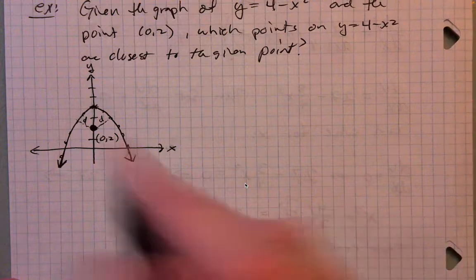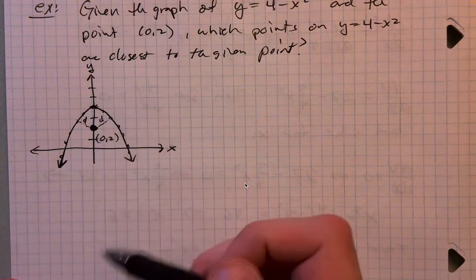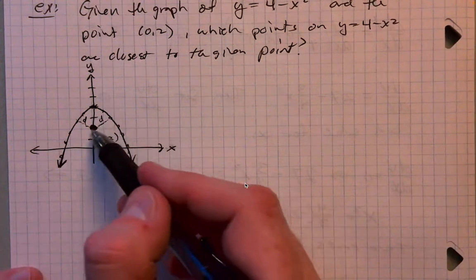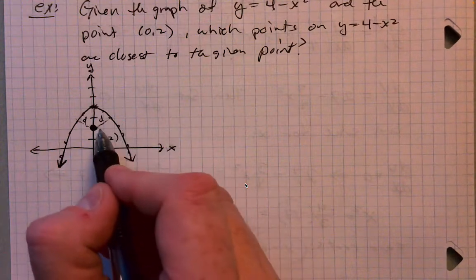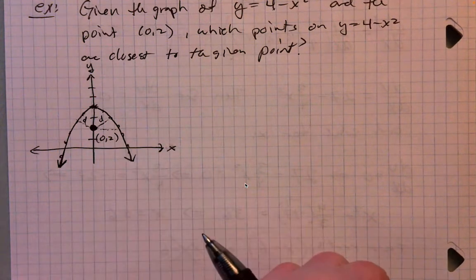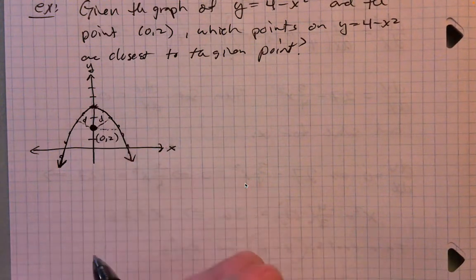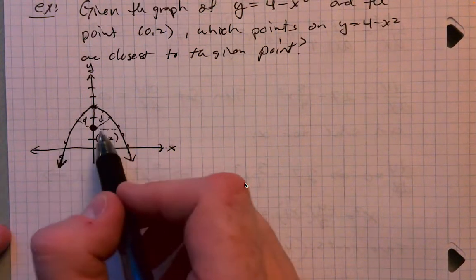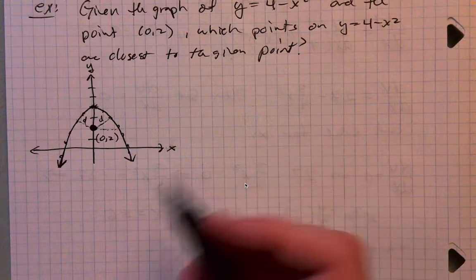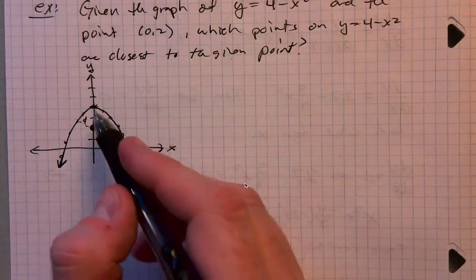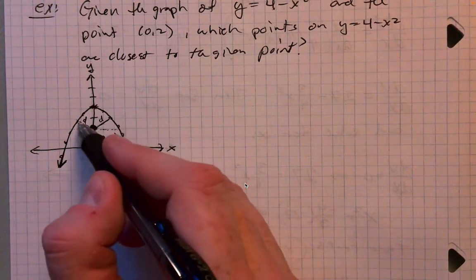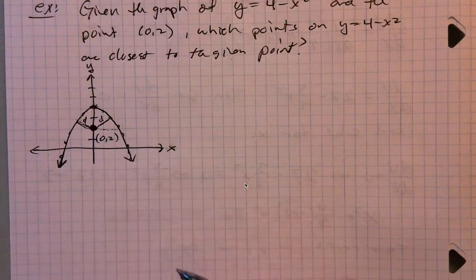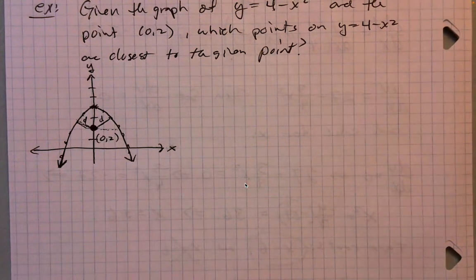And if you actually graph this, you'll see that it's definitely not the top point. But maybe it's some point off to the side, or maybe I've drawn it really badly and it's actually the point that's exactly horizontal, right? But there's going to be some point or points. In this case, it's probably 2 points, because it's symmetric about the y-axis. There's going to be 2 points that are the closest to the given point. And that's our task, to figure out what those points are.